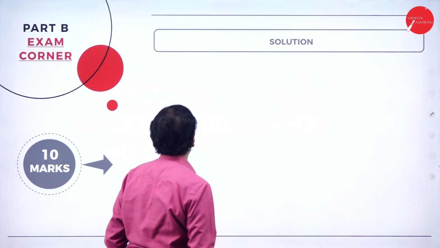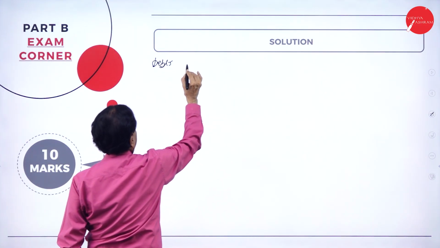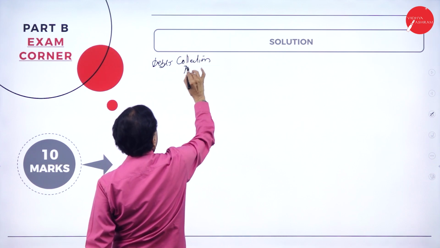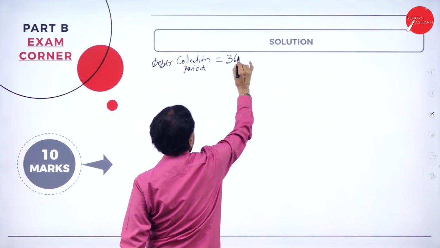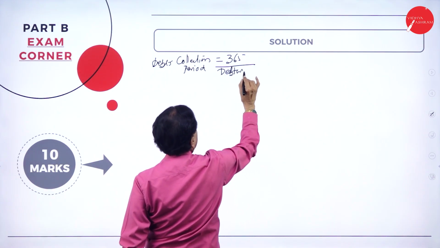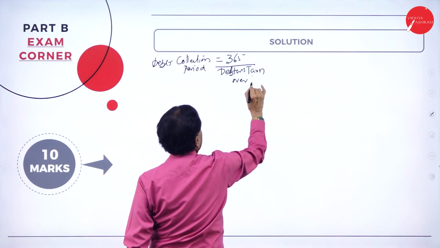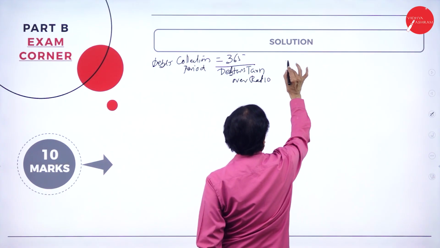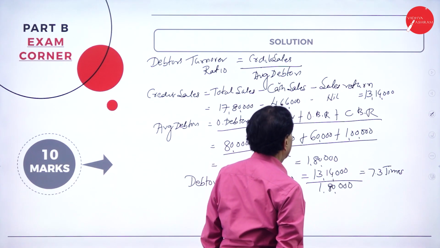Debt collection period is 365 days divided by debtors turnover ratio.